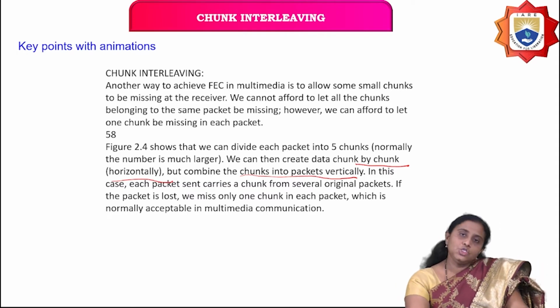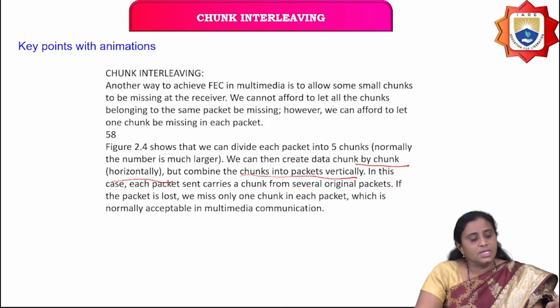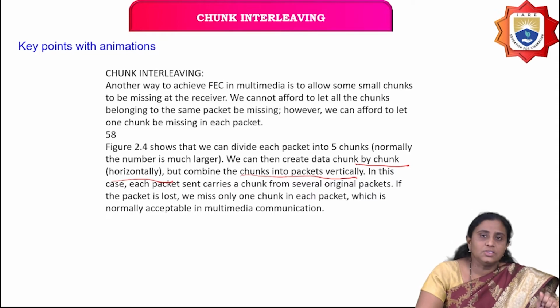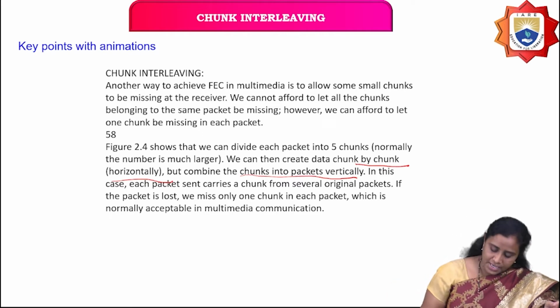In this case, each packet sent carries chunks from several original packets. If a packet is lost, we miss only one chunk in each packet, which is normally acceptable in multimedia communication.